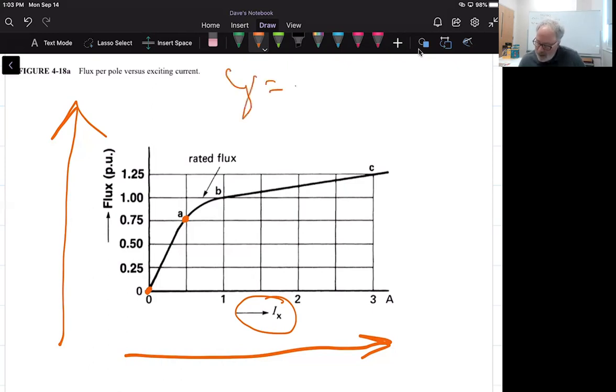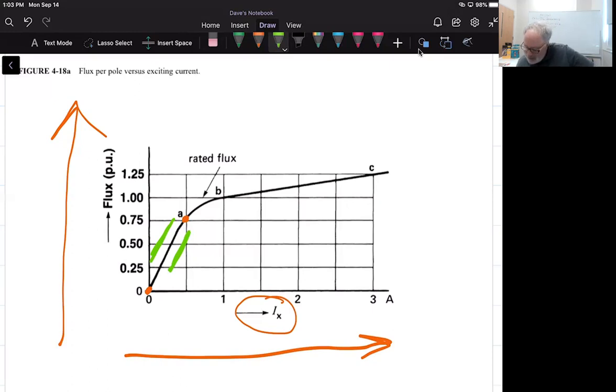If we think back to linear relationships, we have our classic equation, y equals mx plus b, and that's pretty much what this section of the curve looks like right here, right? That's almost linear.